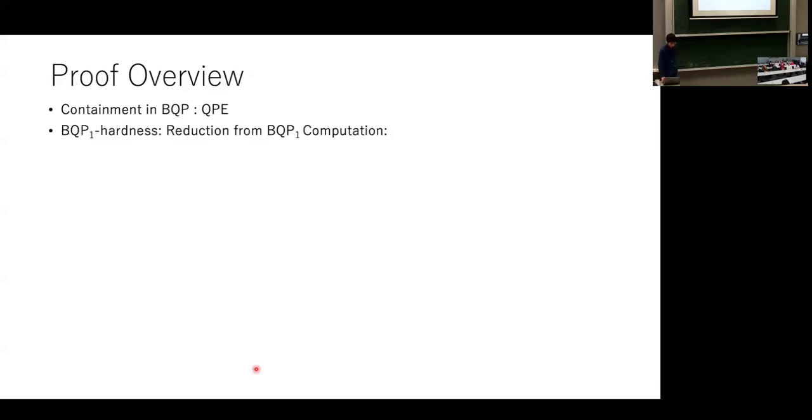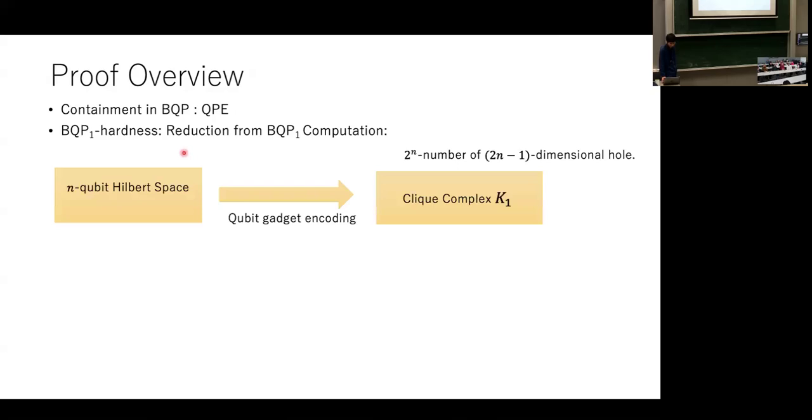Okay, and I will give you some overview of the proof. The containment in BQP is a rather straightforward application of quantum phase estimation. So I want to focus on the hardness side, and the BQP-hardness is based on a reduction from a BQP1 computation.